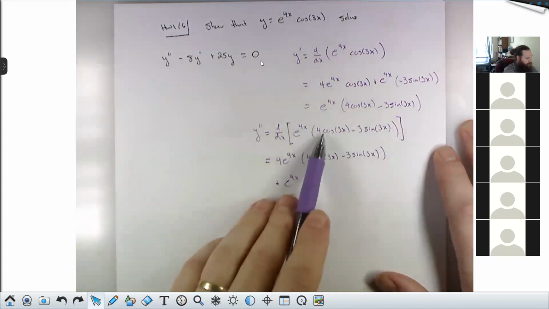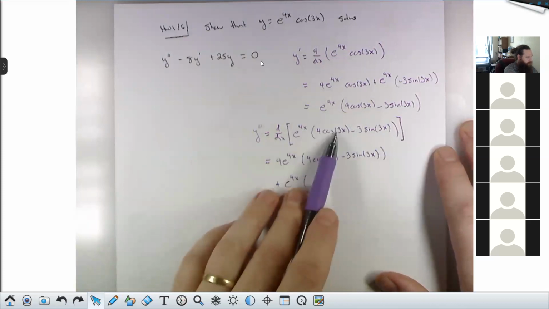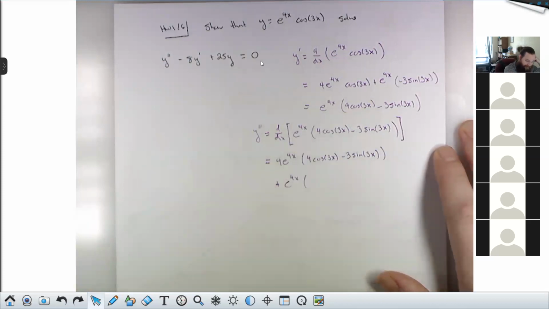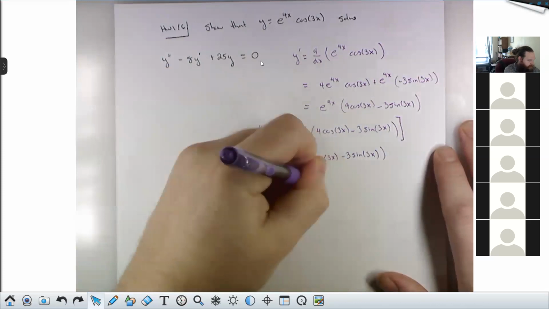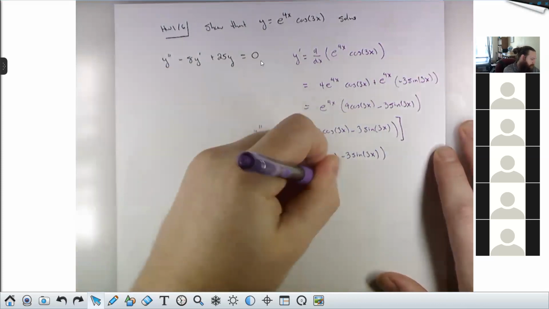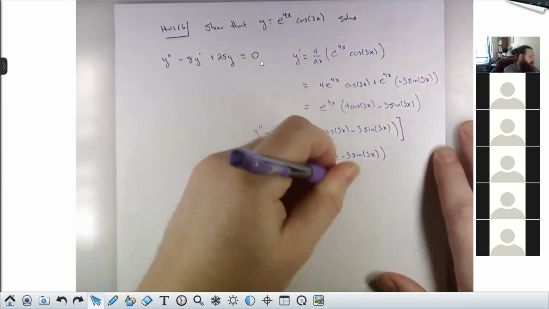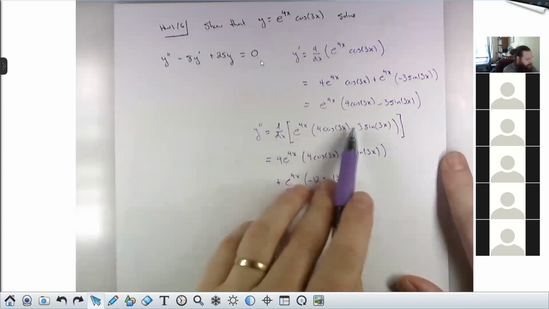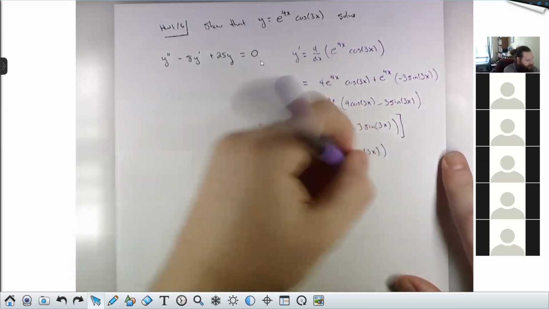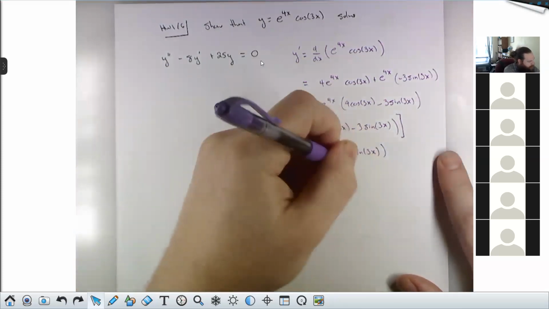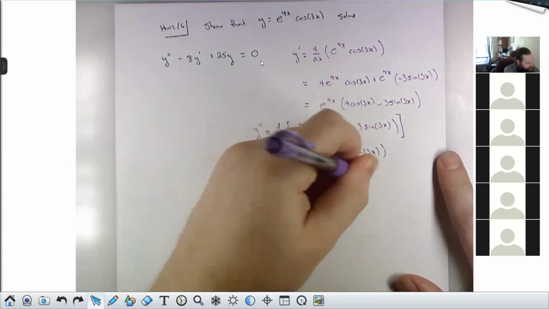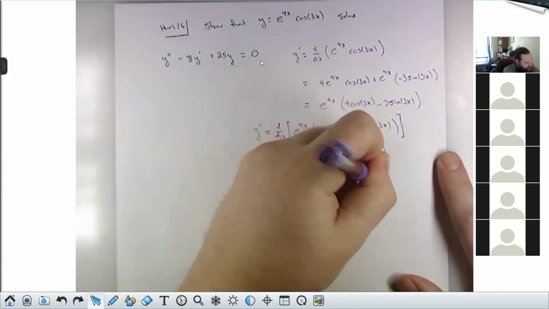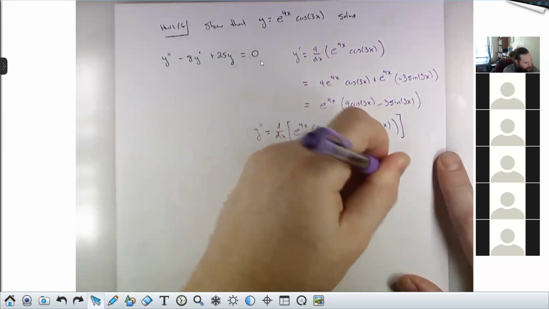Derivative of 4 cos 3x is a chain rule derivative. It's going to be negative 12 sine 3x, because the derivative of cos 3x is negative 3 sine 3x. And then the derivative of minus 3 sine 3x is going to be minus 9 cos 3x.